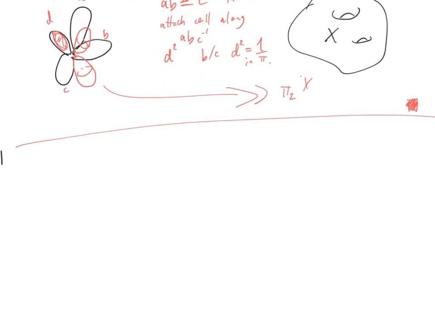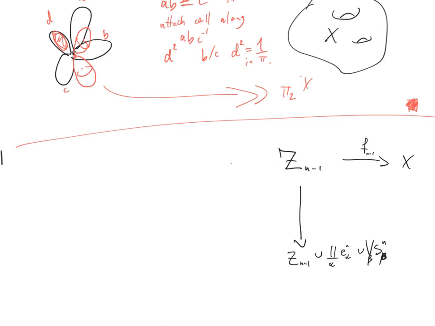So when we're attaching, we're taking Z n minus 1, which came with a map F n minus 1 over to X, and we want to extend it to the map on Z n minus 1 union these alpha guys, E n alpha, and these S n betas, this big wedge. You should think of it as two things I'm attaching.